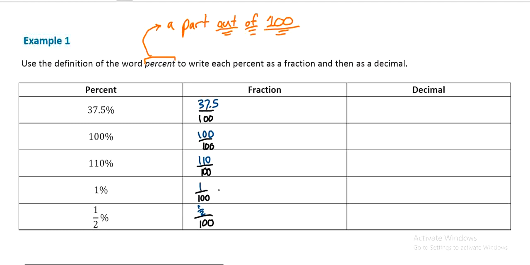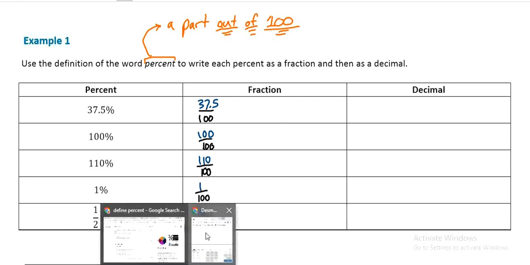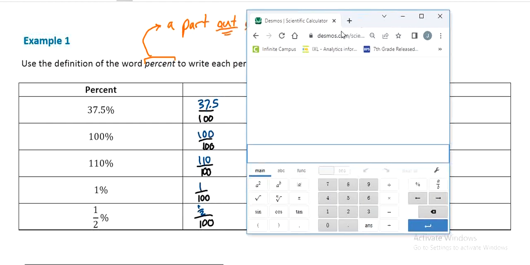But with fractions, we know that sometimes we can reduce those. So we want to take each of these and we want to type in our calculators to see if they reduce. So 37.5 ABC 100. I will do it on my computer calculator that I got here. 37.5.